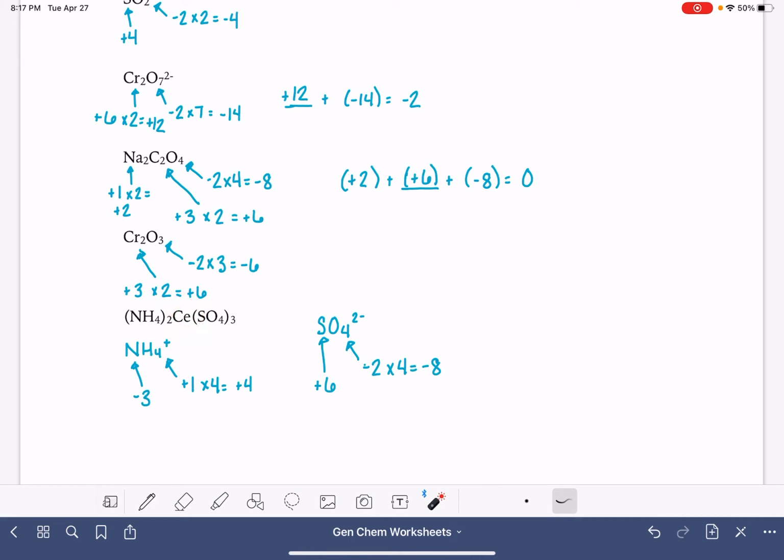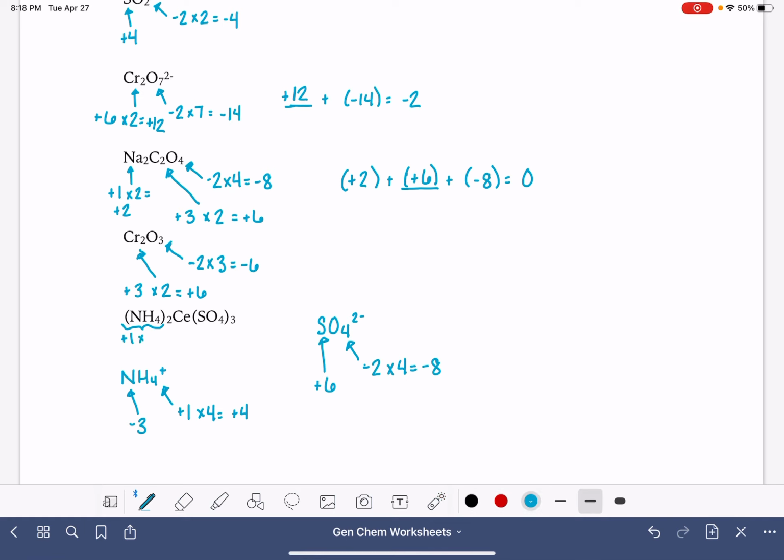One way that we could figure it out is obviously by adding up all of these oxidation numbers all together, and then the cerium has to have an oxidation number so that everything totals out to be a 0. An easier way is to recognize the NH4 plus entity all by itself has an overall sum of -3 plus 4, or +1.